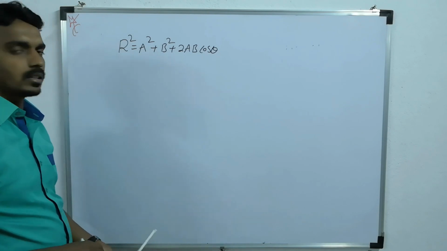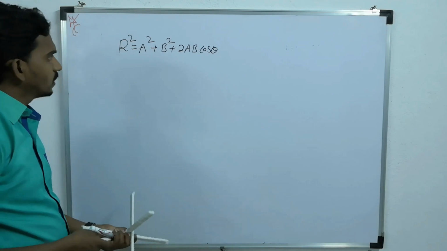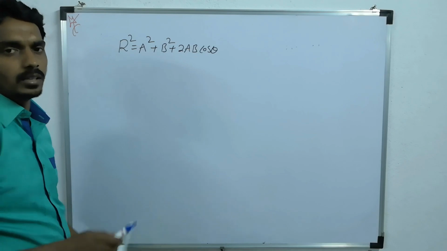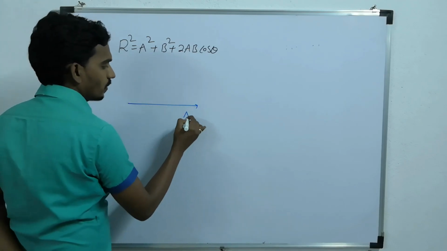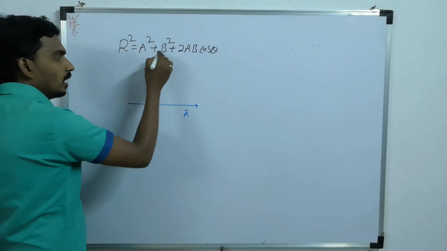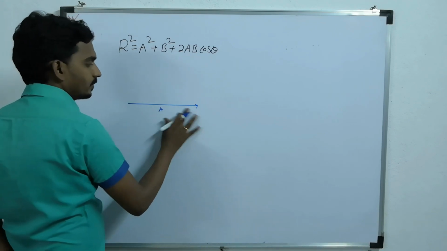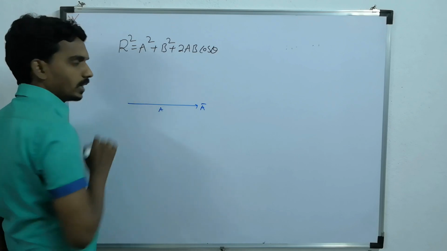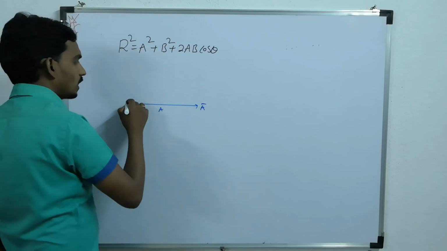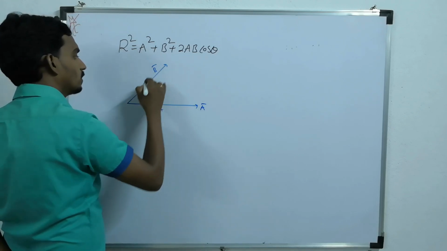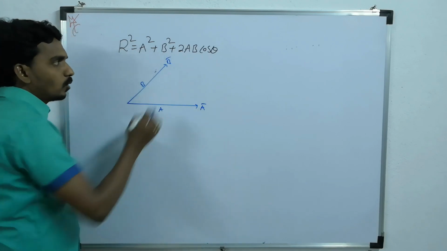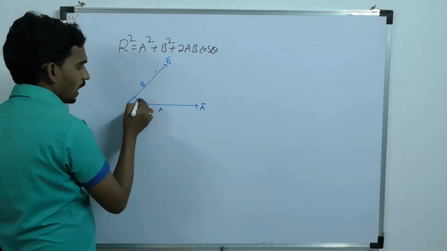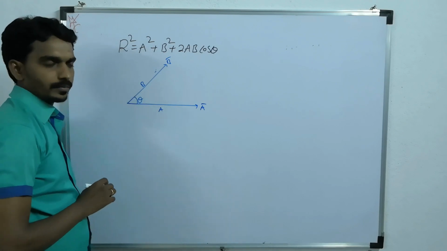Please try to understand, this is just a revision of whatever you have learned. See, this is one vector A bar having magnitude A, and another vector B bar with magnitude B. Theta is the angle between the two vectors.